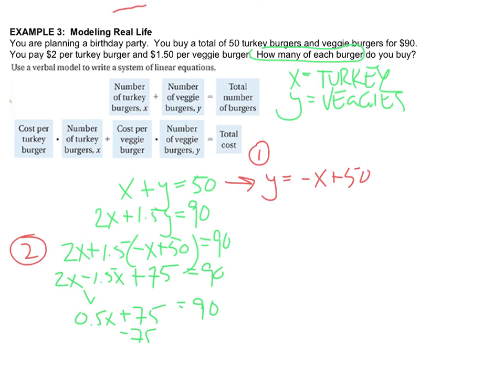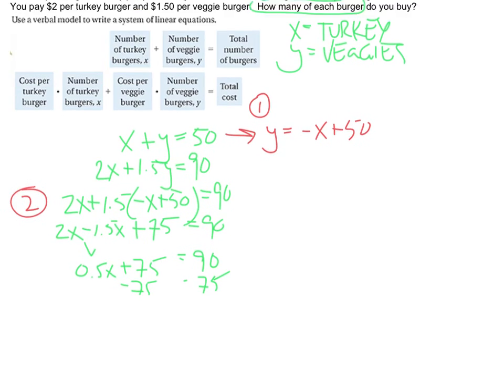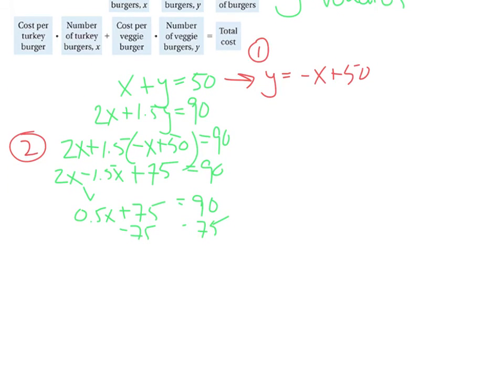Subtract 75 from both sides, that equals 15. And remember, when I divide by a half, that's the same thing as multiply by 2. I get x equals 30.